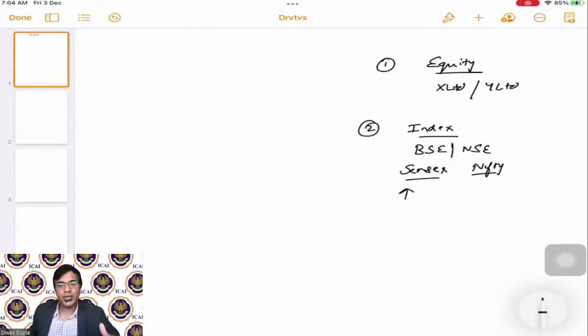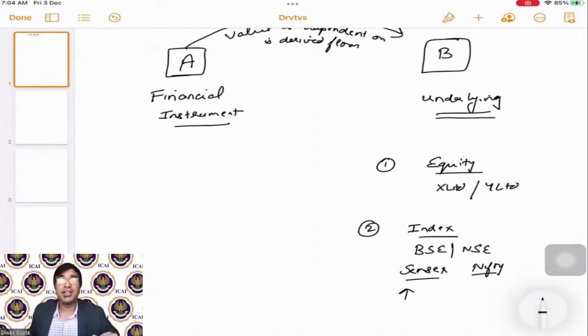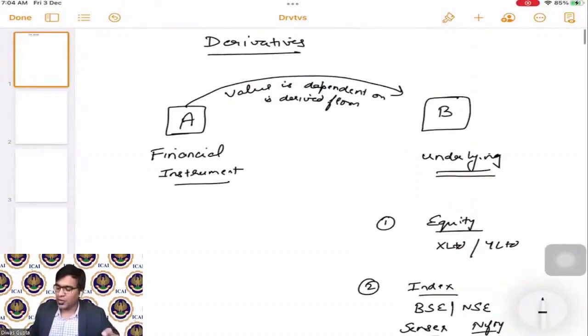If Sensex goes down, the derivative's value will also go down. There will be some relation between both of them. We will study in detail what type of financial instruments, which we call derivatives, these are.